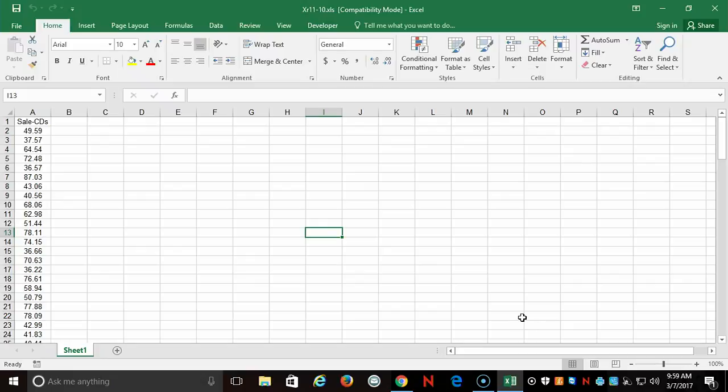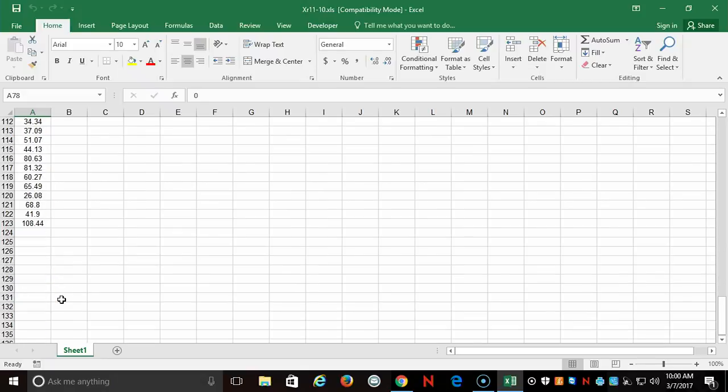Okay, so the first person bought $49.59 worth of other items. This person didn't buy anything. This 50th person didn't buy anything extra. The 78th person didn't buy any. It looks like we have 122 values.